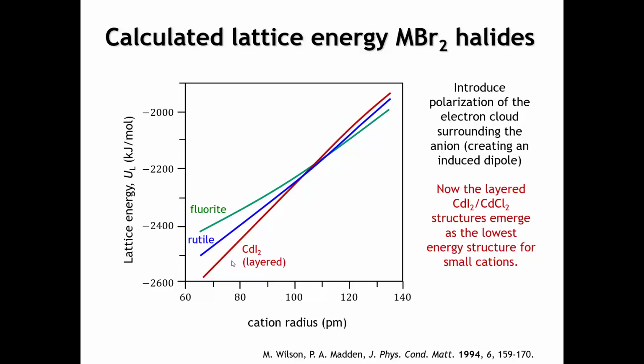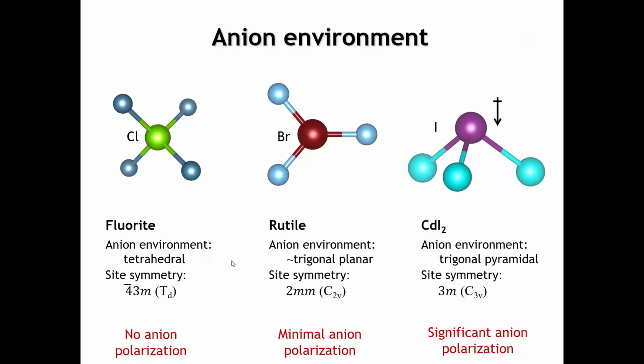So why is the effect so much larger for these layered cadmium iodide, cadmium chloride structures? To answer that question, we need to look at the anion environment and think about the kind of polarization effects you're going to get when you put cation charges in different arrangements around the anion.